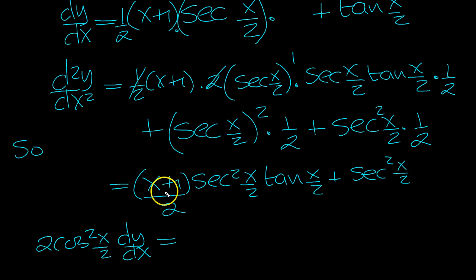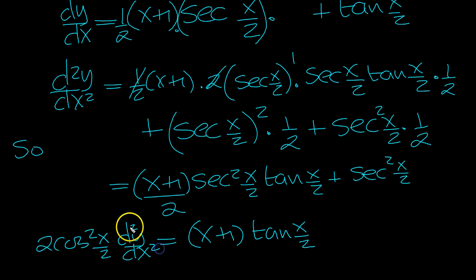And the 2 will cancel here on this first term. So we'll be just left with the x plus 1 times tan x over 2. And the second term, the sec squared will cancel with the cos squared when you times it by it here. So that's d2y by dx squared, isn't it? So I'm timesing this by 2 cos squared, and also this by 2 cos squared. So you get plus 2.